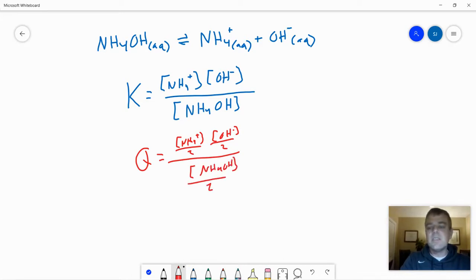We've cut all of these concentrations in half, but we're halving the denominator, while essentially cutting the numerator value to a fourth of its original value.